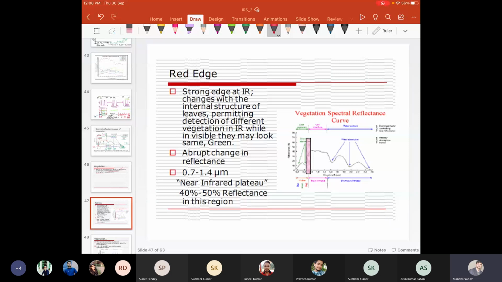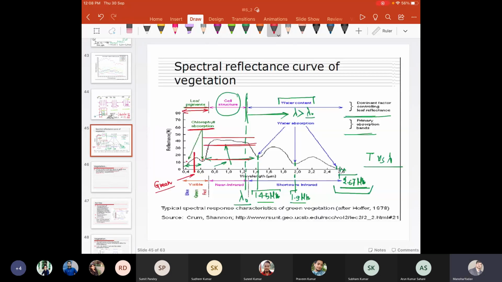Now, when there is a transition from the visible to the near infrared band, you can see a very, very sharp change over here, and the change is from 10 directly to 40%.